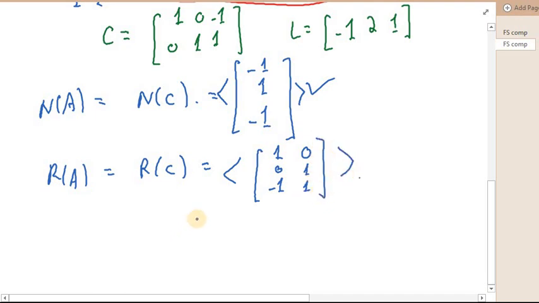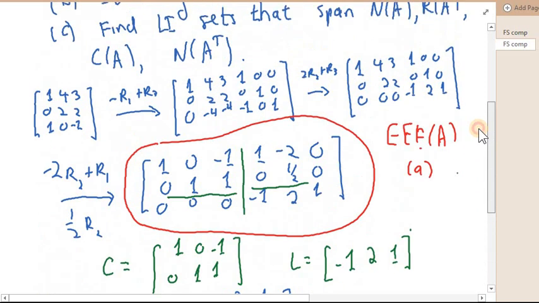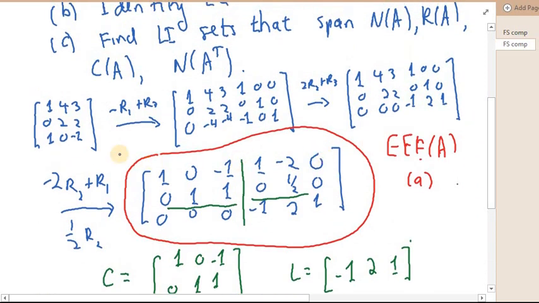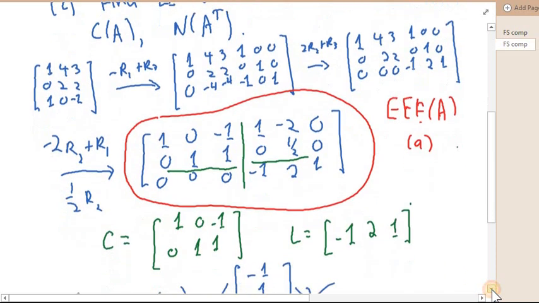Okay. So next one was the column space of A. The column space of A is also equal to the column space of C. No, I'm sorry, it's not the column space of C. The column space of A is identified by the pivot columns, and the pivot columns were the first two columns. So here I should say it's the span of the pivot columns.